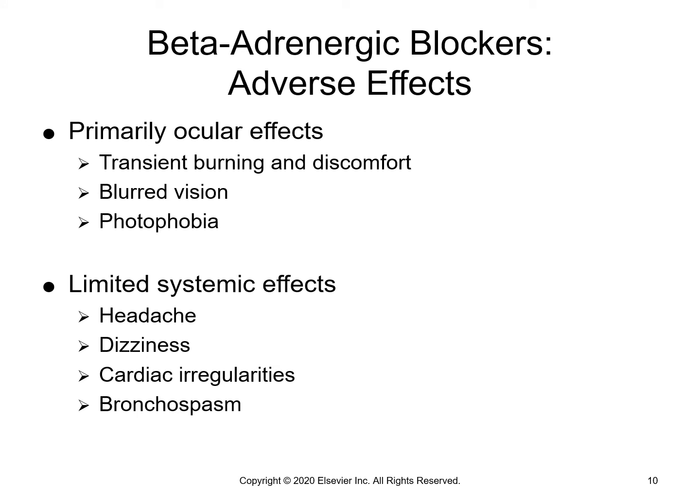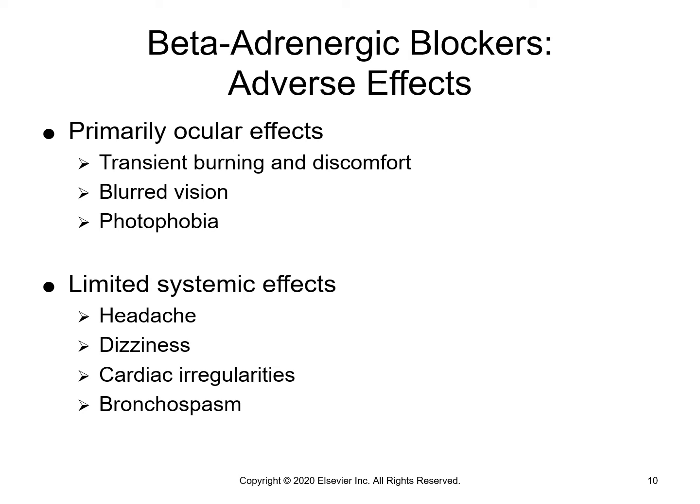So some common side effects for the beta blockers might be burning, discomfort, some light sensitivity or photophobia, blurred vision. We do want to apply pressure on the inner canthus of the eye to limit systemic effects, but there certainly is a risk of systemic effects, which could include dizziness, bronchospasm, bradycardia.